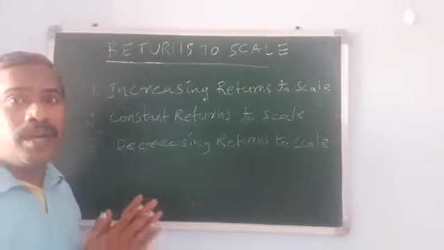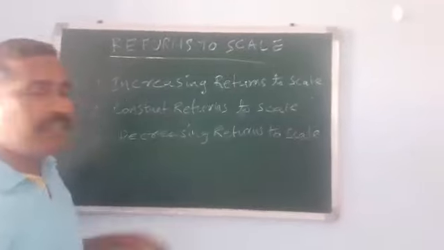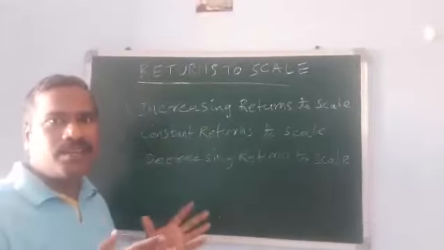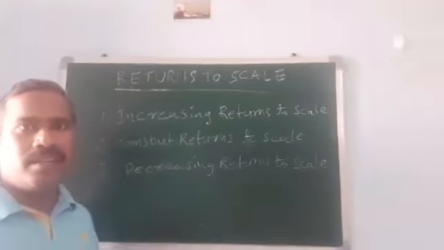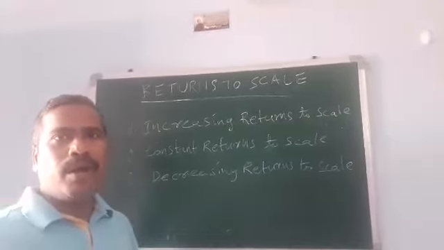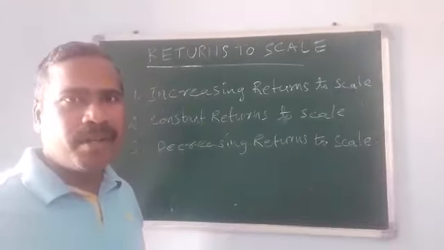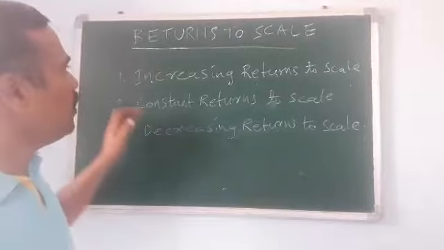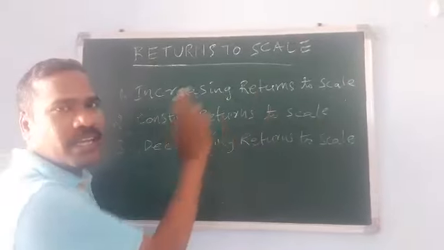Okay, now according to the theory, there are 3 types of returns to scale in production. In the first stage, if we are increasing the production by increasing the labor and capital or any other production factors, we will get increasing returns to scale.